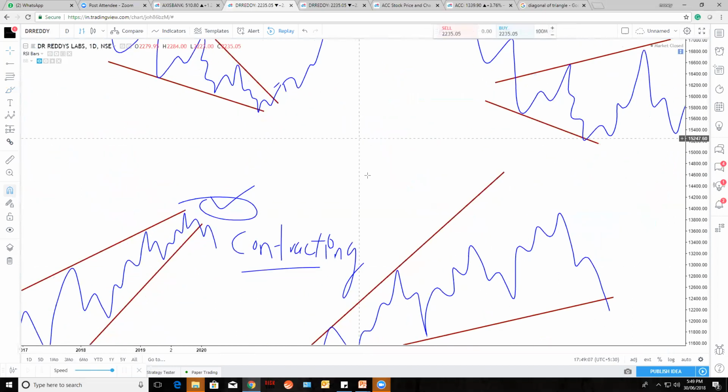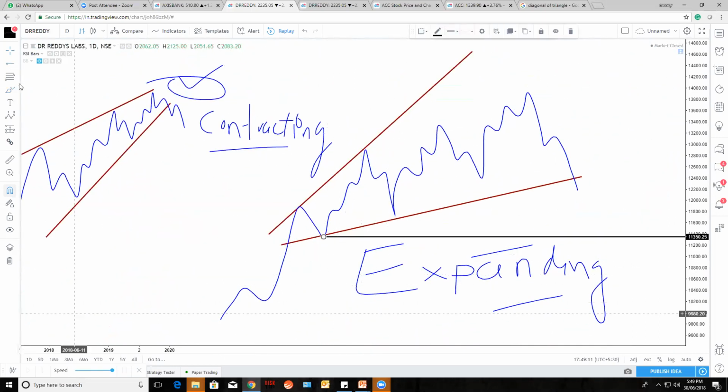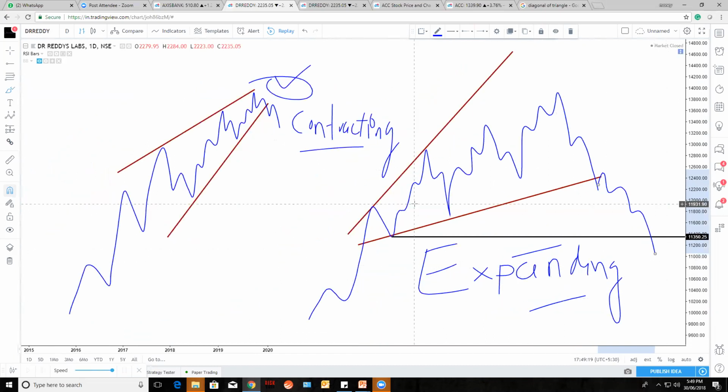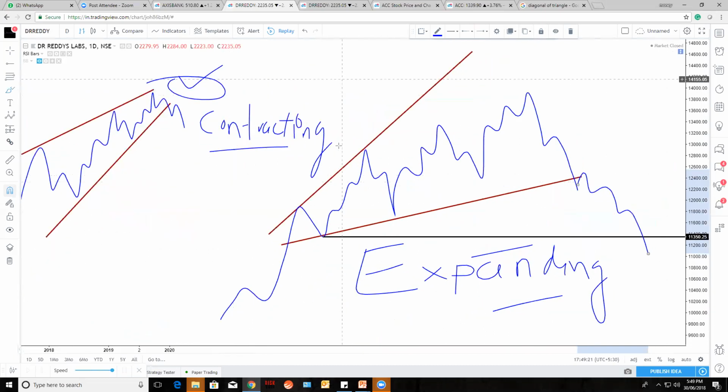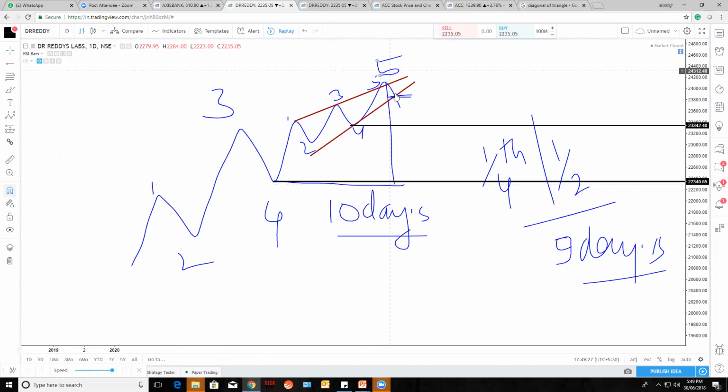Okay, and here it may come to this bottom. That is after this breakout. Okay, this is an expanding variety of diagonal. It is a contracting type of diagonal. In that, what is important about a diagonal is they take a very short time to cover whatever it took to form the ending diagonal.